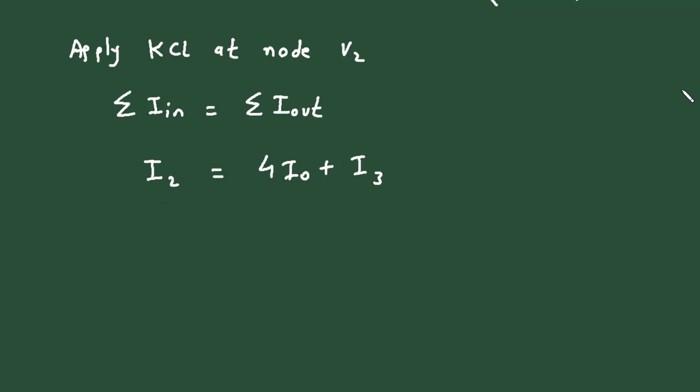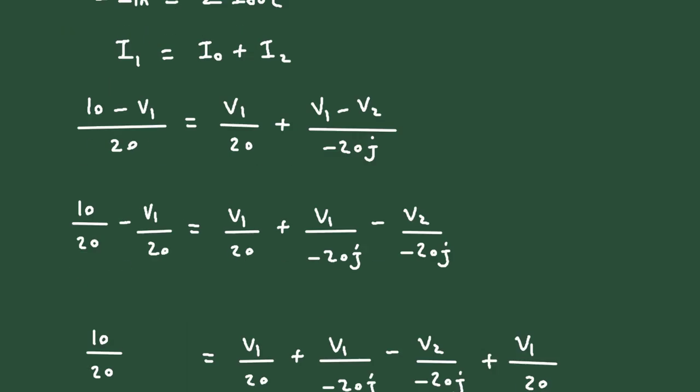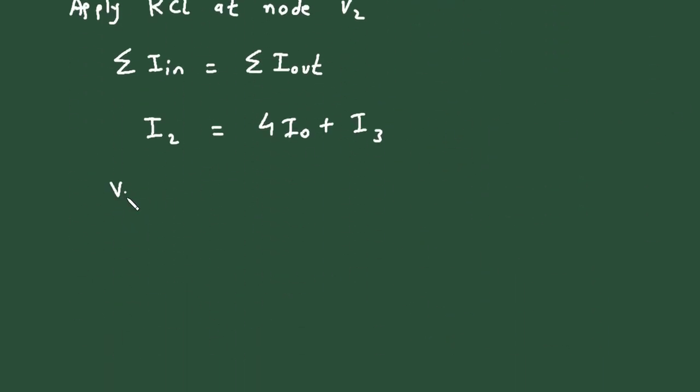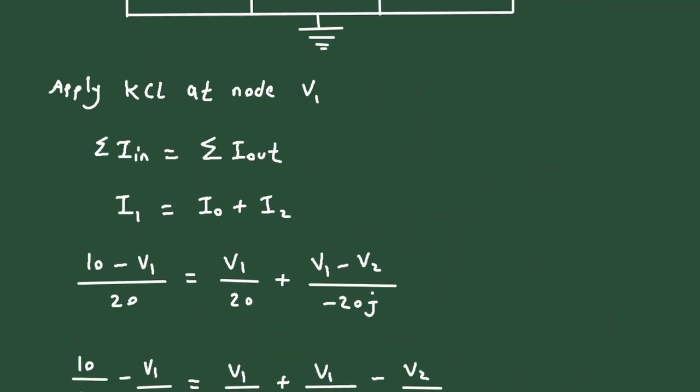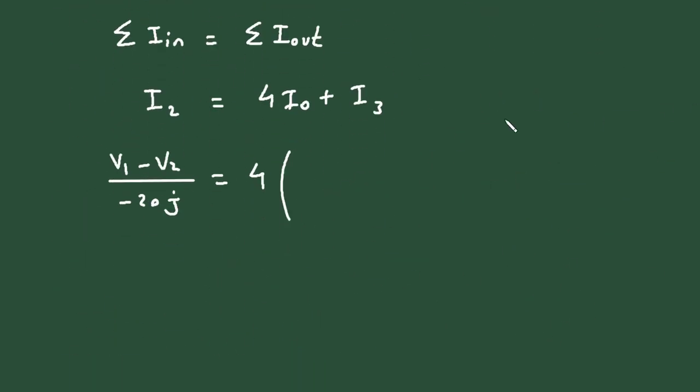Now we will write this I2 in voltage form. So this I2 is equal to V1 minus V2 divided by minus 20J. V1 minus V2 divided by minus 20J is equal to 4 into, now this IO is, here we can see IO is equal to V1 by 20, V1 divided by 20 plus I3.